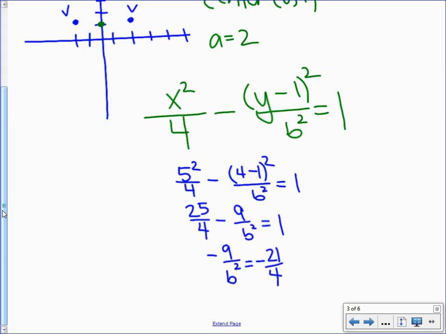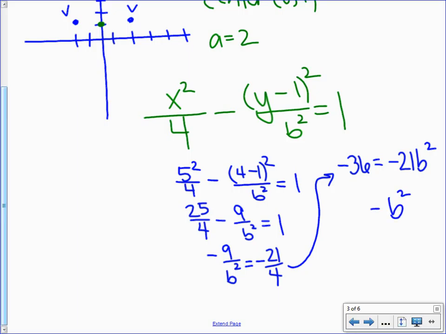Now, what do we do with the proportion? Cross multiply. So I'm going to come over here. When we cross multiply, we have essentially negative 36 equals negative 21b squared. Right?